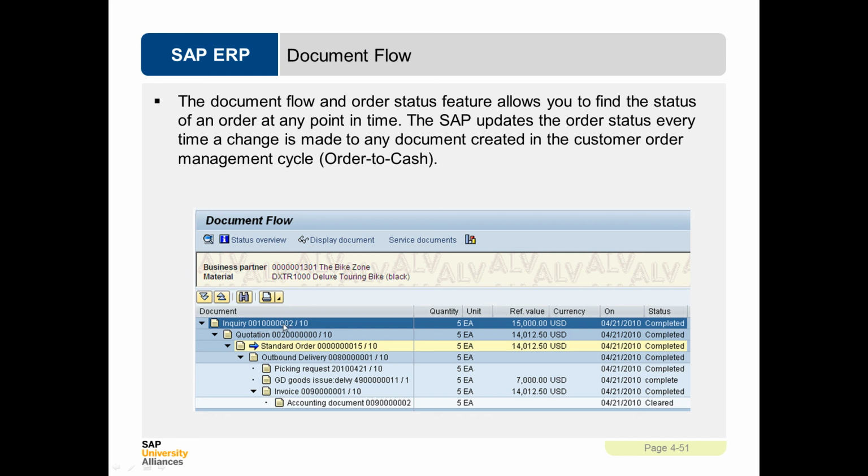In other words, I have essentially an audit trail for each process. So when you think of document flow, you should think in terms of audit trails. And the document flow is a very important feature that allows us to follow the process from start to finish.